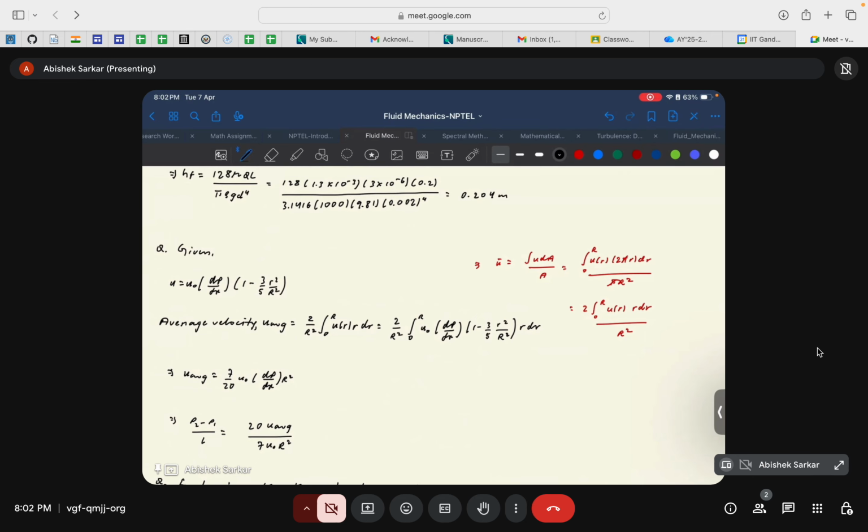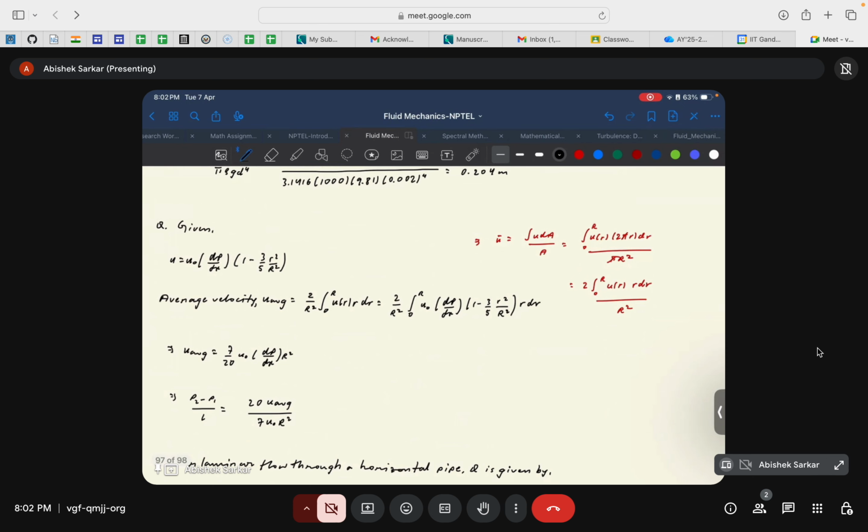Now for flow through pipes, the average velocity is found using this expression, where u bar is the integration of u dA by total area. The elemental area you need to take for flow through pipes is 2 pi r dr. If you have dealt with integration across cylindrical surfaces, you will know that 2 pi r dr is the area of the elemental ring you consider.